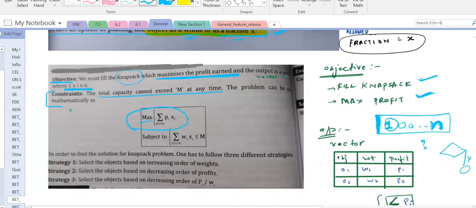So our objective is to maximize the profit. How do you get the profit? I need to pick xi. xi is any element in this vector. When I pick one thing, this is called xi. So I need to make sure that whatever element I pick, its profit, profit into the element that I pick, pi xi, should be maximum for me.